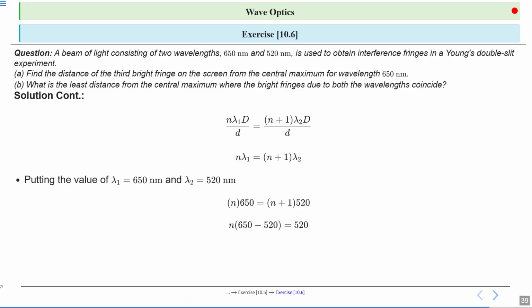So after simplifying and rearranging the equation, we multiply 520 into the bracket part, so it becomes 520n plus 520.